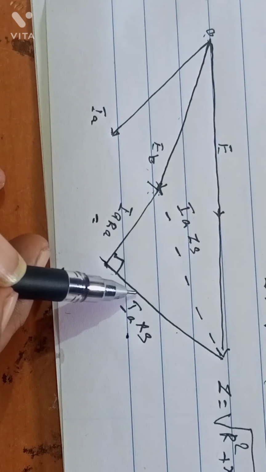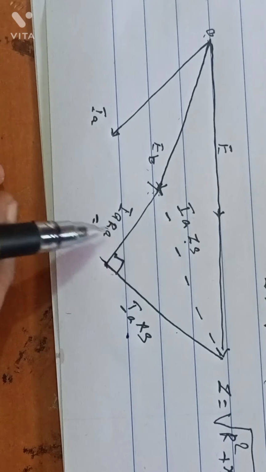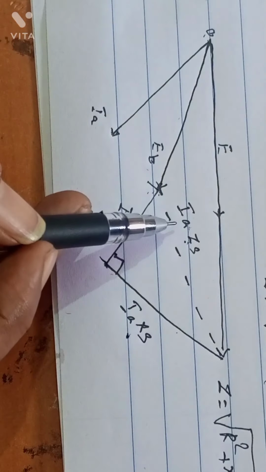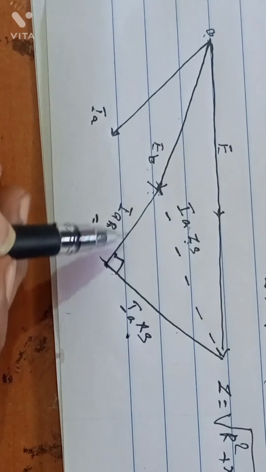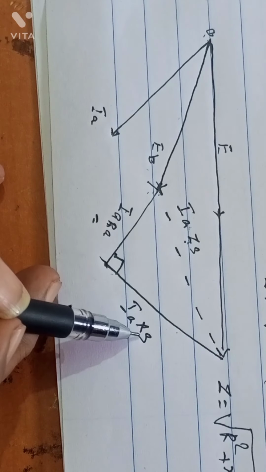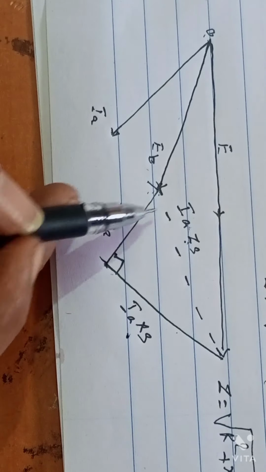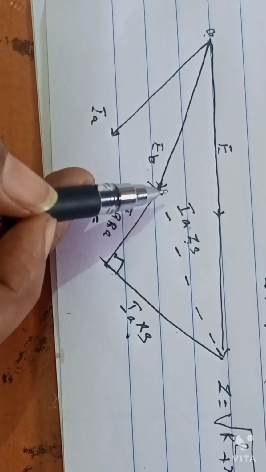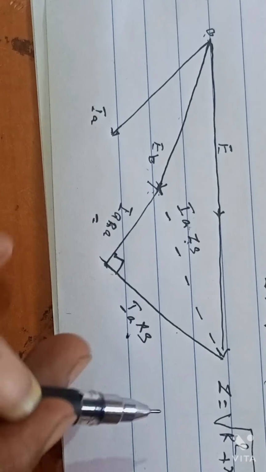Then IAXS is merged with the IAZS. This is not ZS because R is negligible, no? So it is nothing but IA into XS. Are you clear? This value is high, so I cut this resistance value. Now I cut this, so there is nothing here. That's why this is shifted into this position. Are you clear? Okay, we'll see.